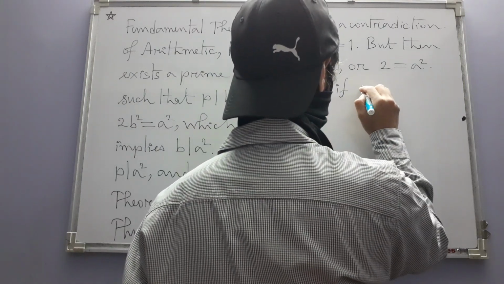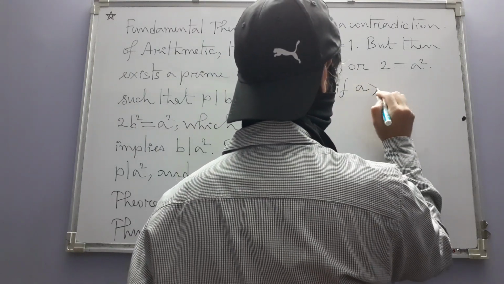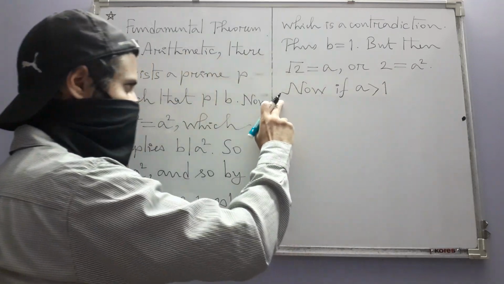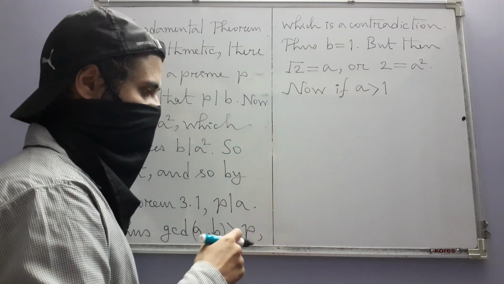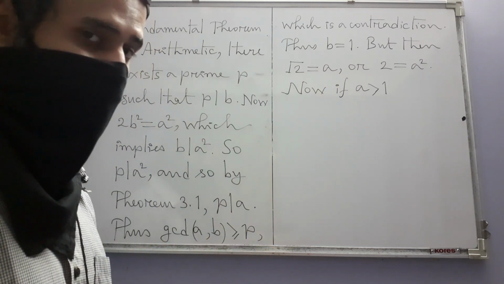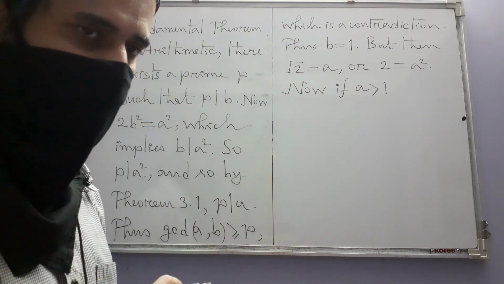Now, ideally you should write that from this equation we conclude that a is positive, that means a is greater than or equal to 1.